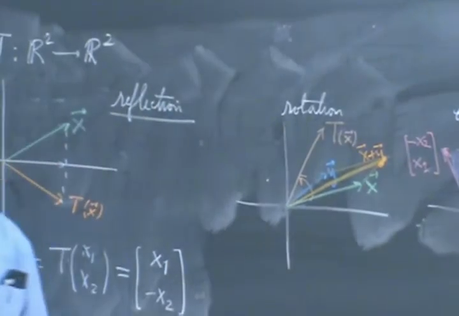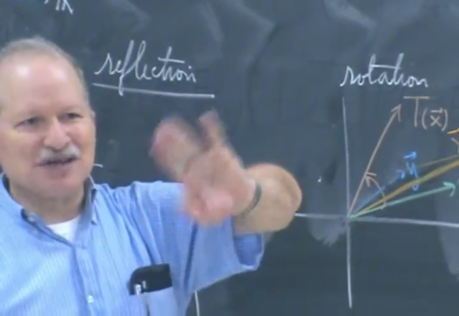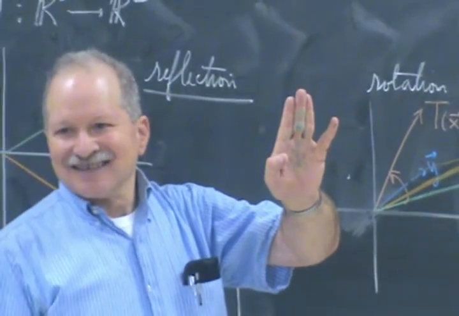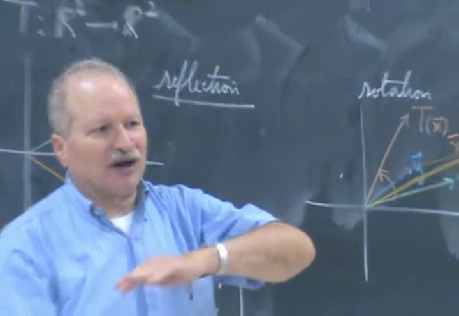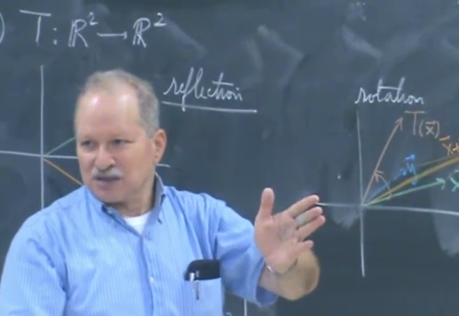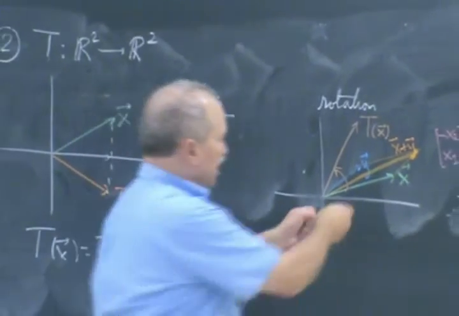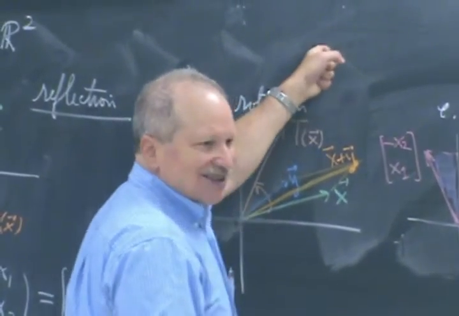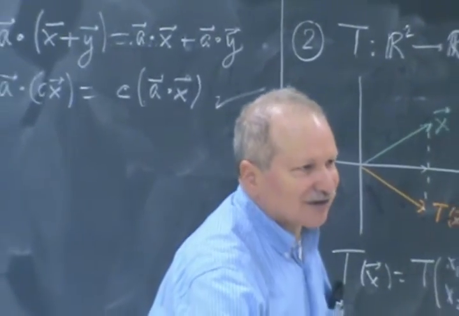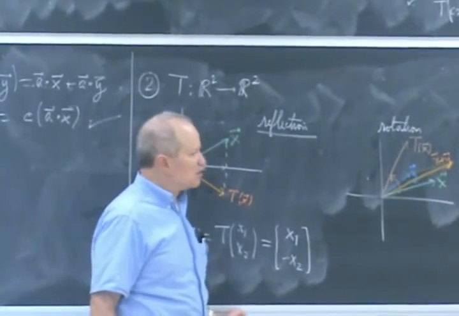It rotates the same amount. You literally take this parallelogram and you rotate it. So where x plus y goes is the rotation of where x goes plus the rotation of where y goes. And stretching x and then rotating, clearly it's going to be rotate and then stretch. So geometrically, you should believe that this is linear. I'm not going to ask you to write out such arguments, but you should see that.